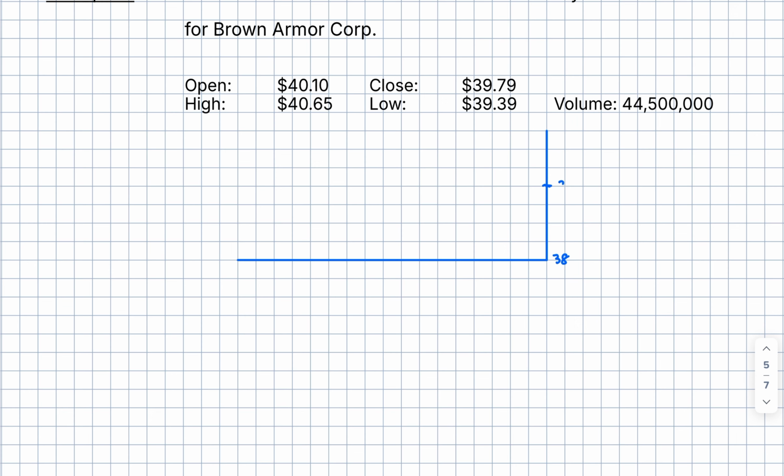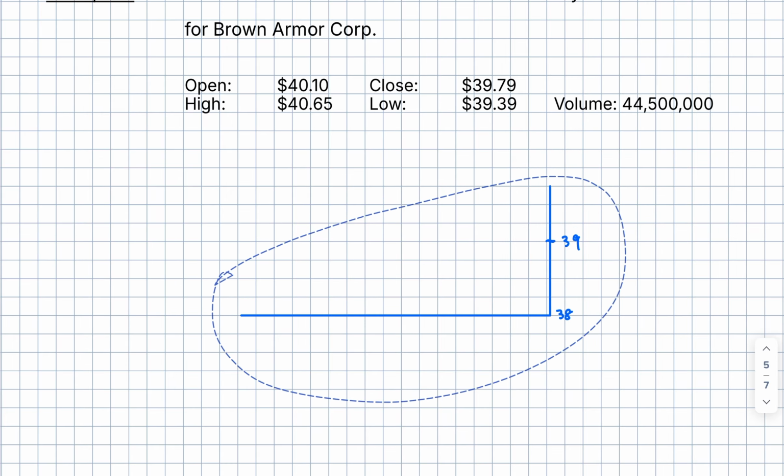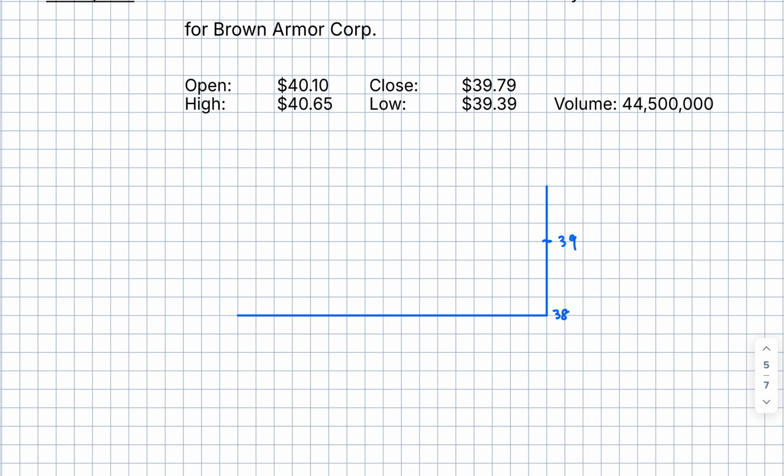So we'll say this is 39. We're going to need to move this down and extend this. All right, 1, 2, 3, 4. So this is 40. Okay, and this is for a one-day stock bar chart.